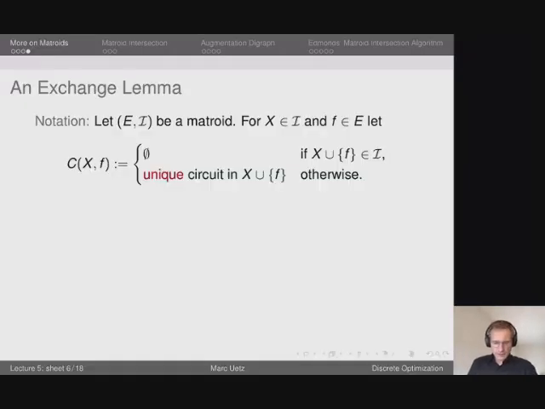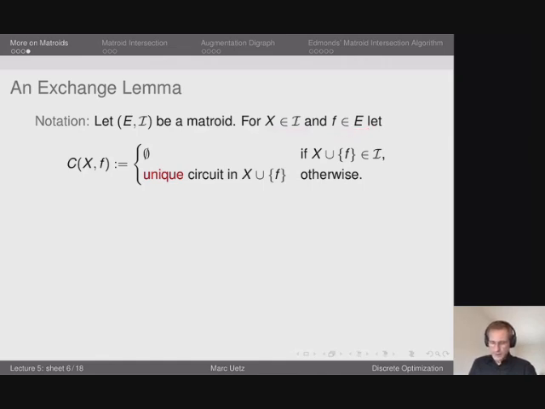And as announced, I will be denoting by C_{X,F} the unique circuit contained in the set X union F. Okay, so I start with an independent set X. I take an arbitrary element F out of the ground set.